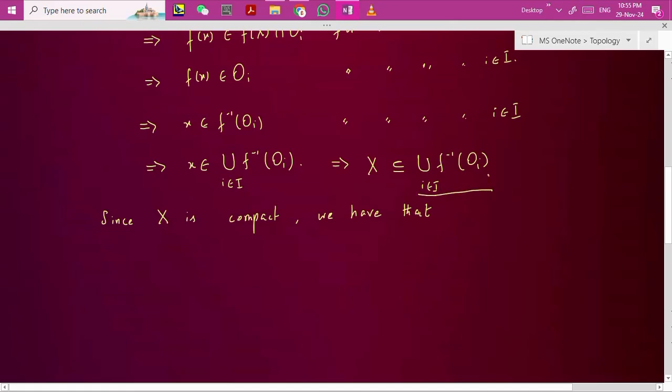Okay, ultimately X is a subset of the union, I from 1 to n, of f inverse OI.